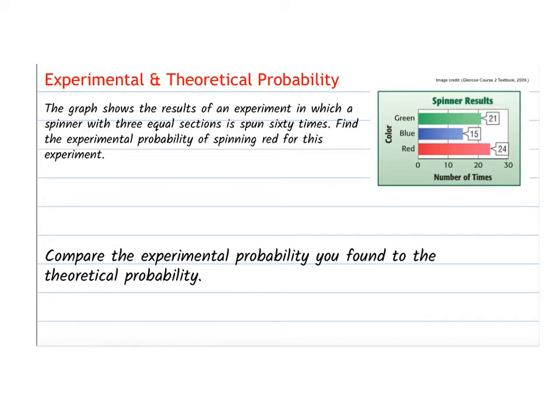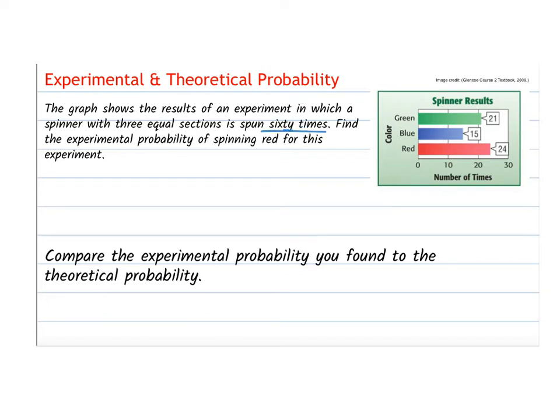All right, next part here. The graph shows the results of an experiment in which a spinner with 3 equal sections is spun 60 times. Find the experimental probability of spinning red for this experiment. Okay, so if we look at it, we can see the 3 different colors and how many spins per color.